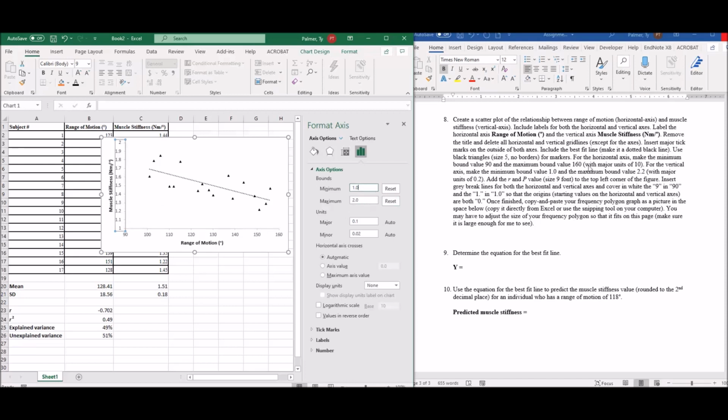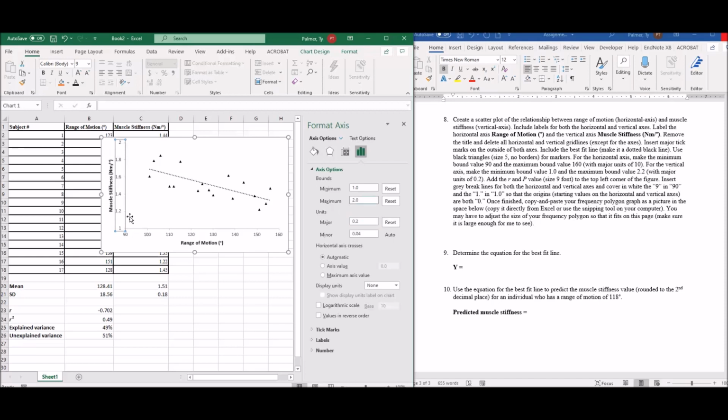But again, remember for your data, for your assignment 4, make sure and follow these instructions to a T. Make sure and follow them carefully, exactly how I have them here. If you don't, okay, then you'll get points taken off. And then major units of 0.2. So let's do that. I'm going to do that as well for mine, 0.2 for major units.